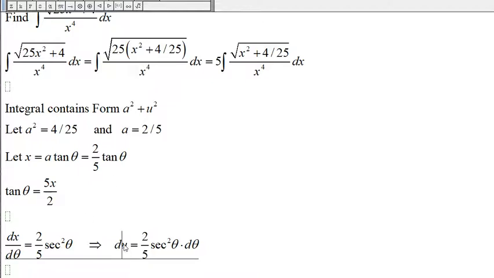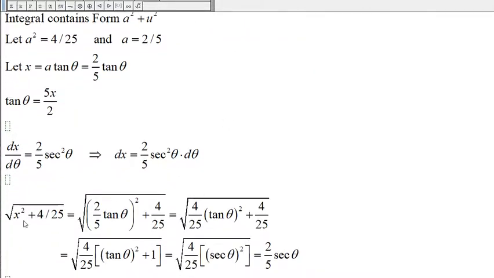And so now we have dx equal to 2/5 secant squared theta times d theta. And now we're ready to make the substitution.